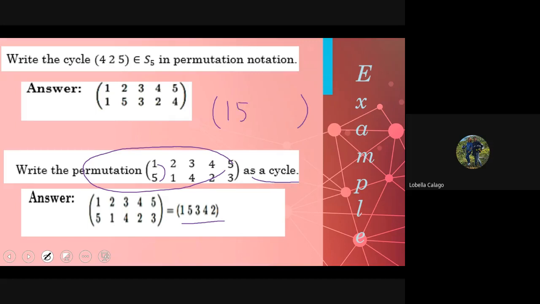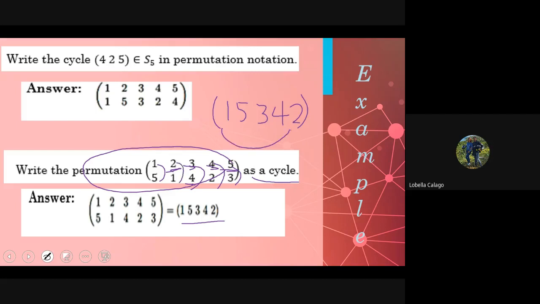O, si 5. Tingnan mo, no? Ang dulo is 5. Tapos, tingnan mo na si 5. 5 mapping to 3. So, lagay mo 3. Tingnan mo yung dulo na si 3. 3 mapping to 4. Lagay mo si 4. Si 4, tingnan dito sa taas. 4 mapping to 2. Tingnan si 2. And si 2, tingnan sa taas. 2 is mapping to 1. So, babalik siya ulit dyan.